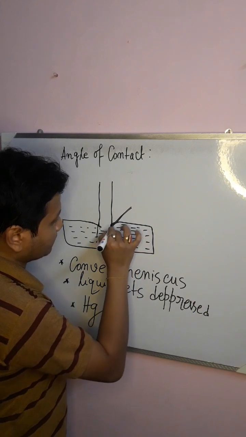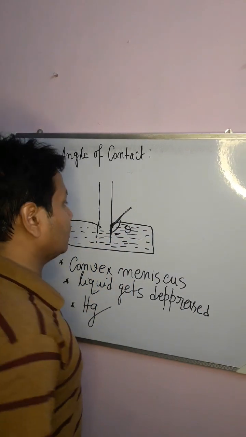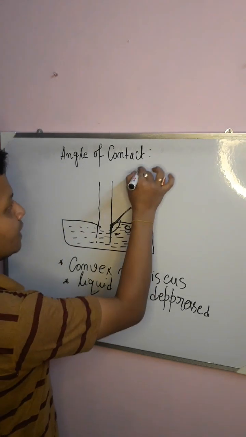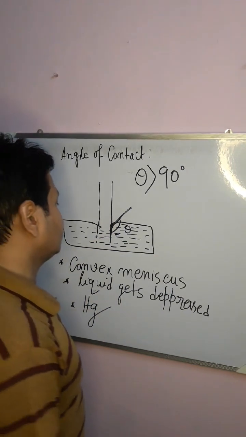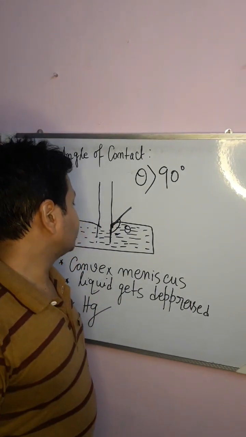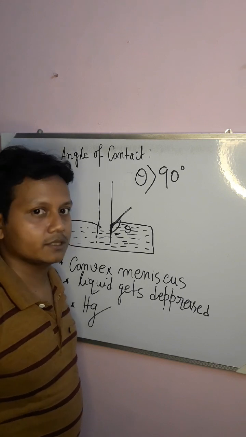Now this is the point of contact, and this is the angle theta, the angle of contact. Here you see that the angle of contact is greater than 90 degrees.